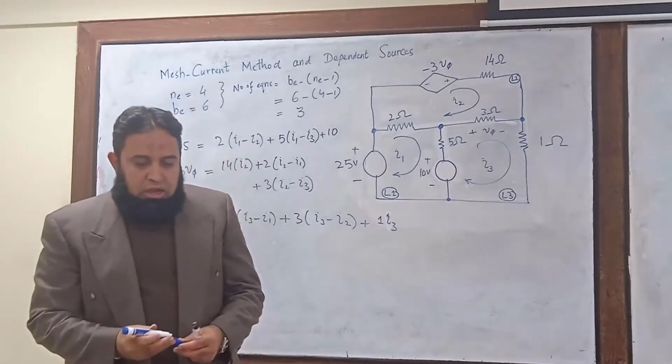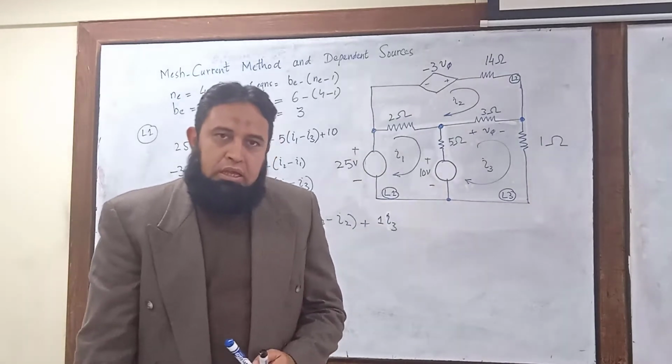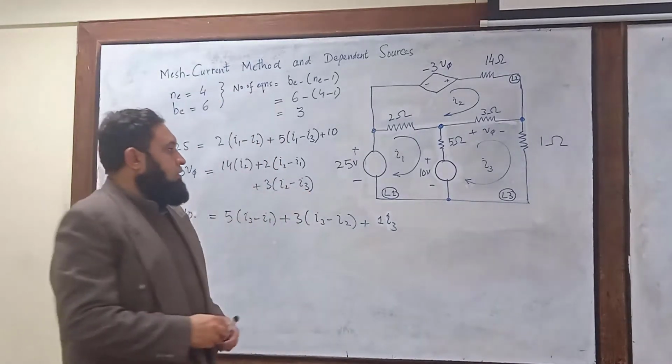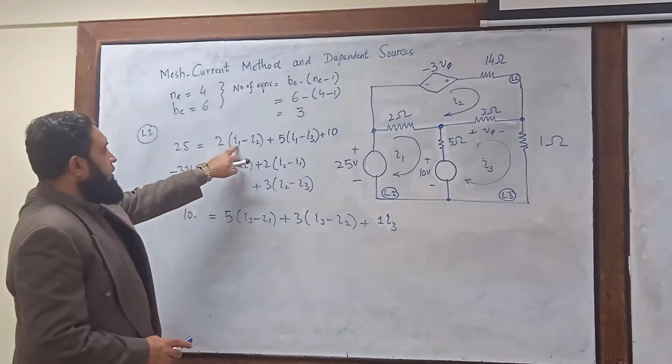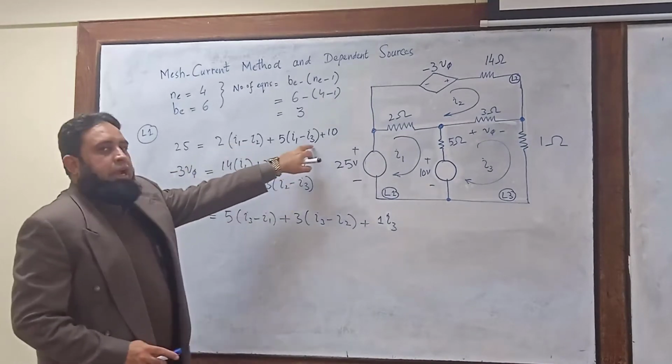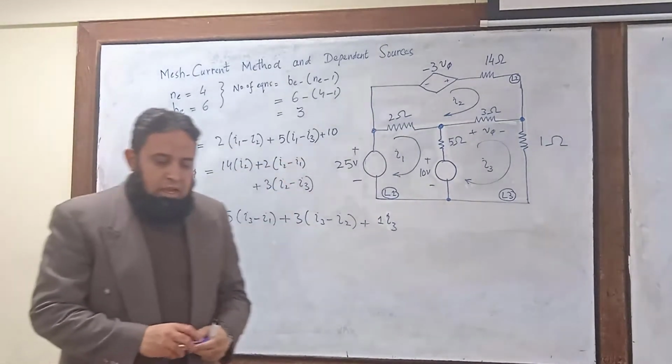So we now have 3 equations, and there are 3 unknowns: I1, I2 and I3. These are the unknowns.